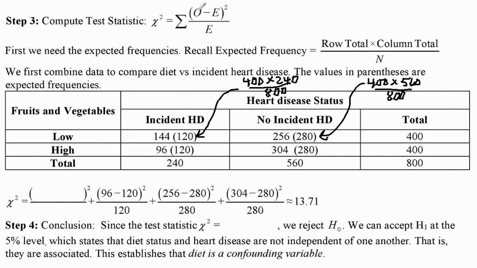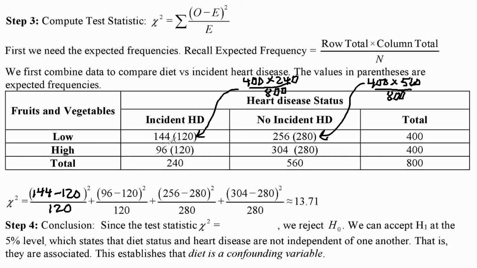So we need to sum up the observed minus expected, squared, over expected for each cell. So the first cell here, our observed was 144, our expected is 120, so we do 144 minus 120. That difference gets squared, and then we divide by the expected, which is 120.